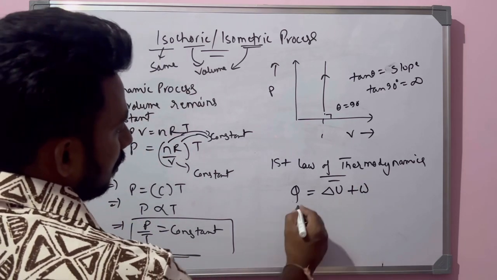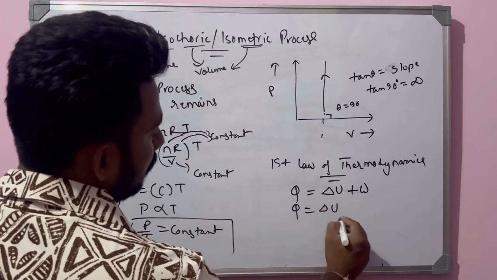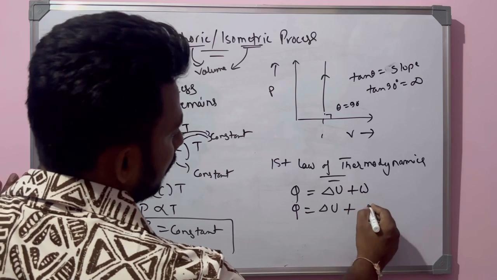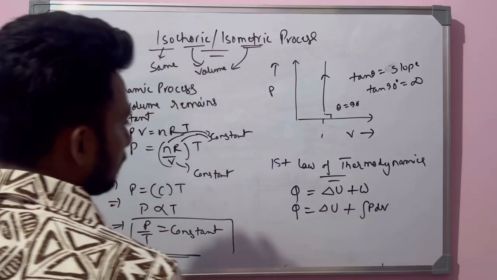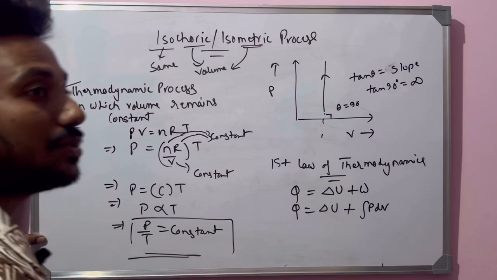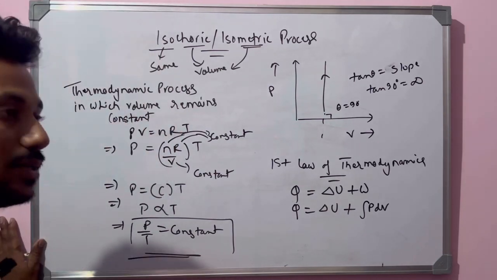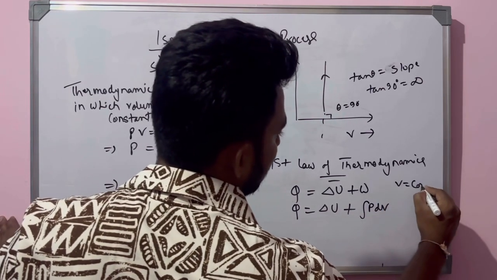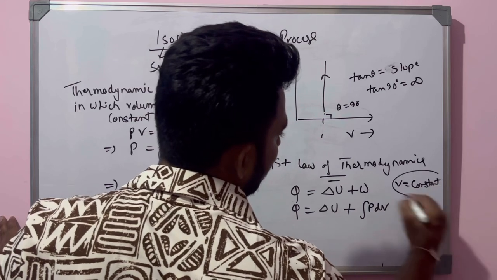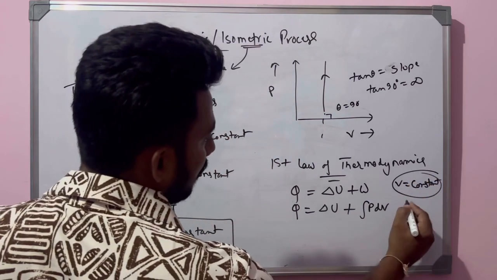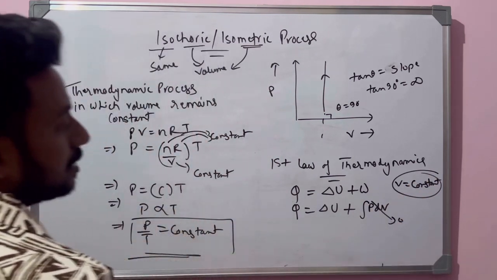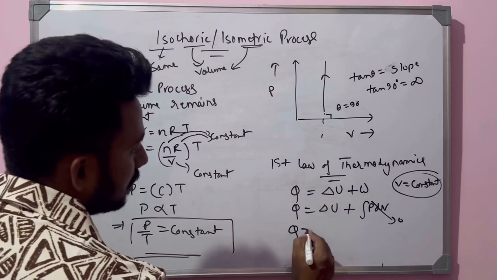So Q is nothing but delta U plus work done. Work done you can write as integral PdV, right? Since my volume is not changing, volume is constant, so work done will be 0, right? So this entire value is going to remain 0, no change in volume. So you can say Q is equal to delta U.